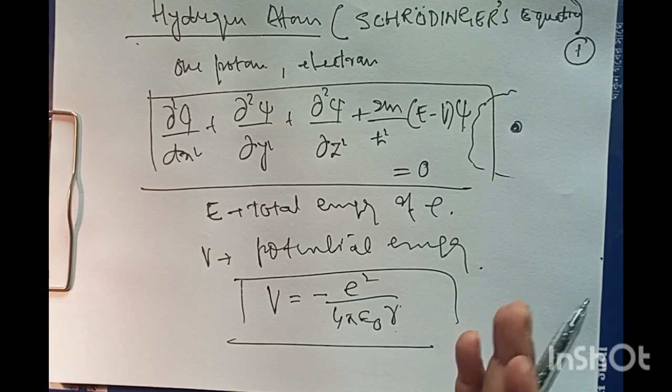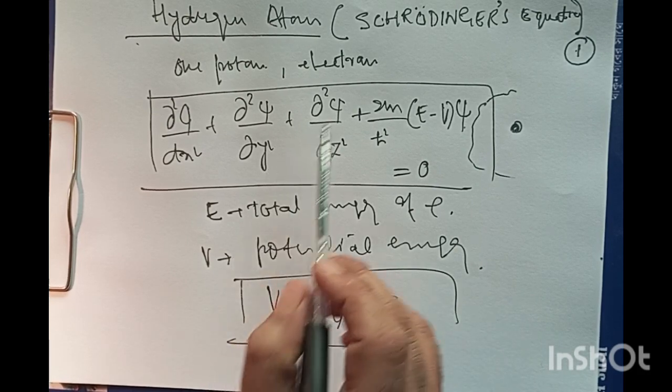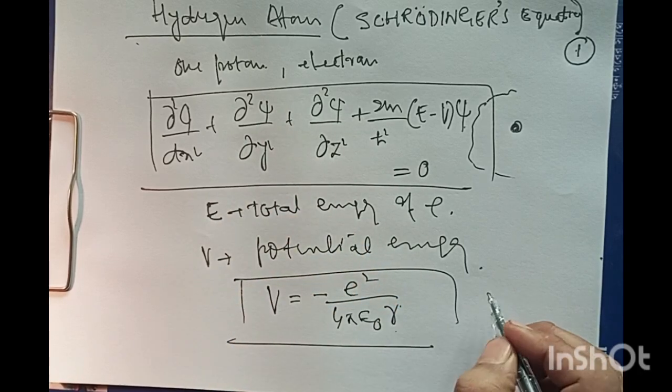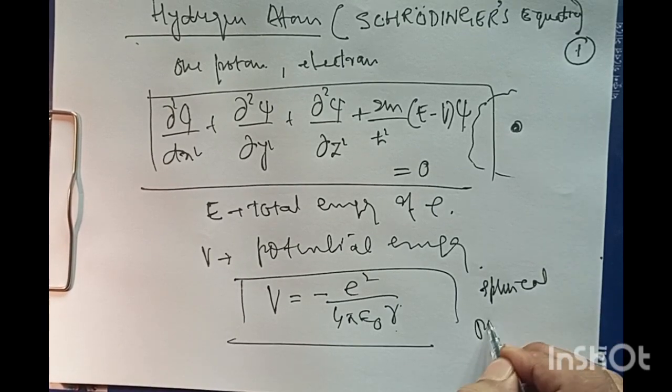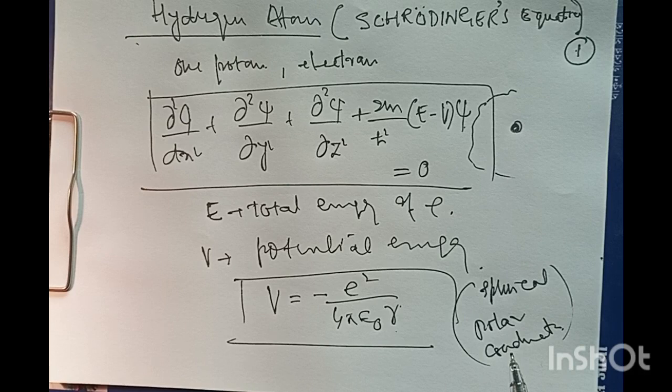The other path is to express this Schrodinger equation in terms of spherical polar coordinates, that is, r, theta, and phi.